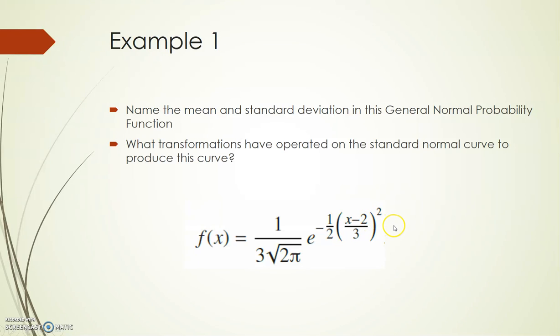With regard to the transformations, we have a dilation of 1 on 3 from the x-axis, and we have a dilation of 3 from the y-axis. We also have a translation of positive 2 units in the x direction.